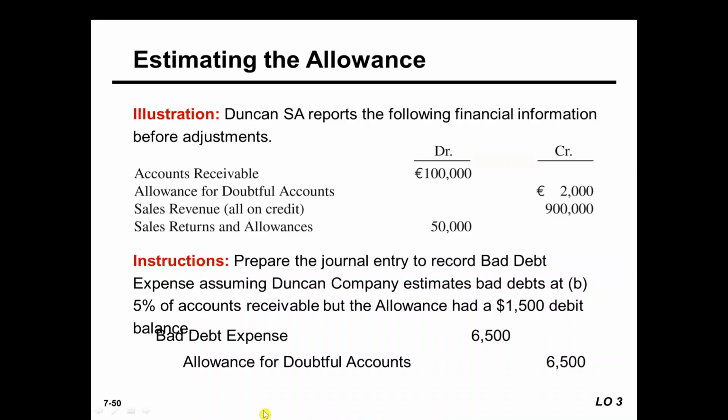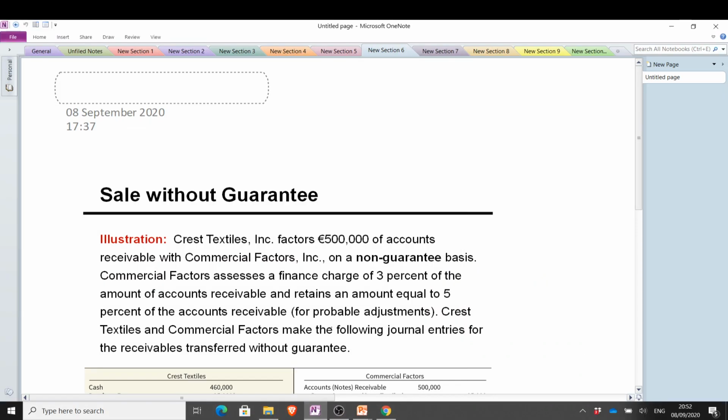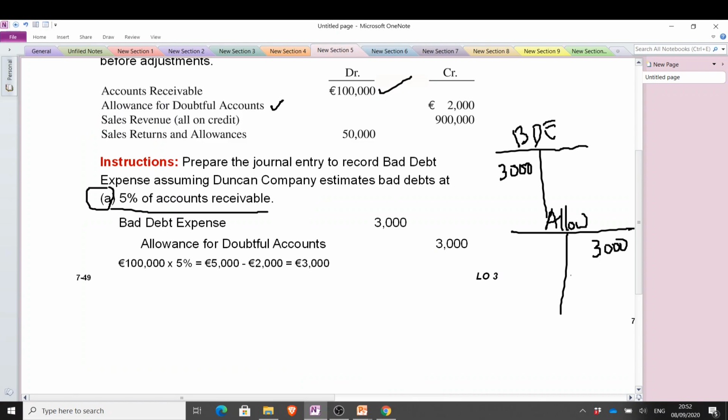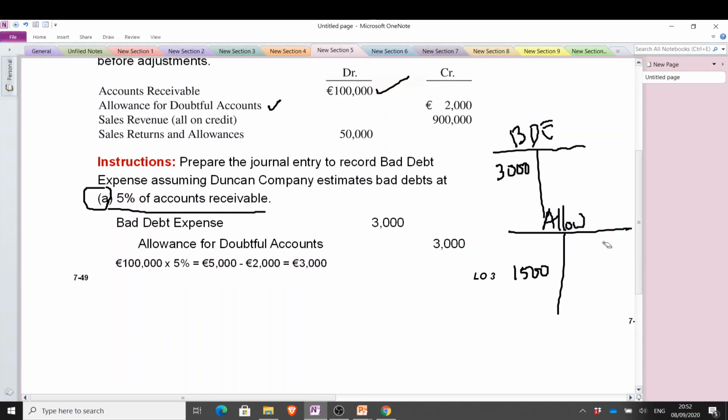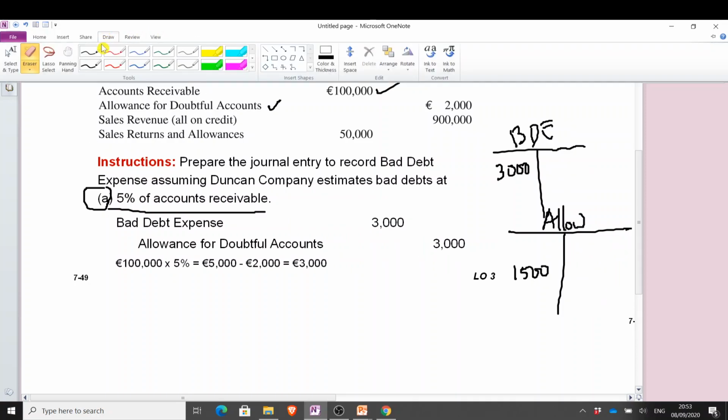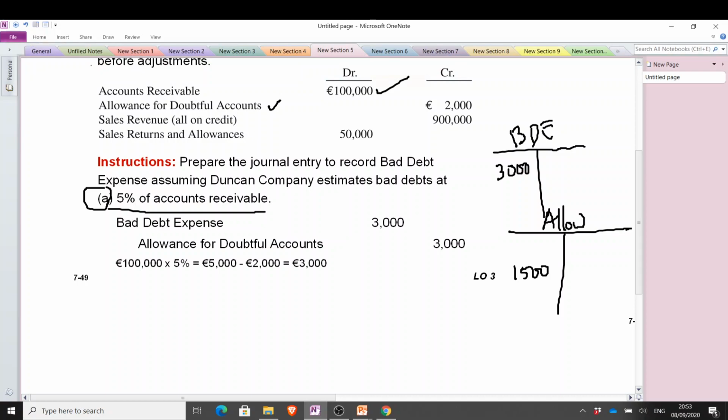So if we have a 1,500 debit balance, it means that we need to have 5,000 here.